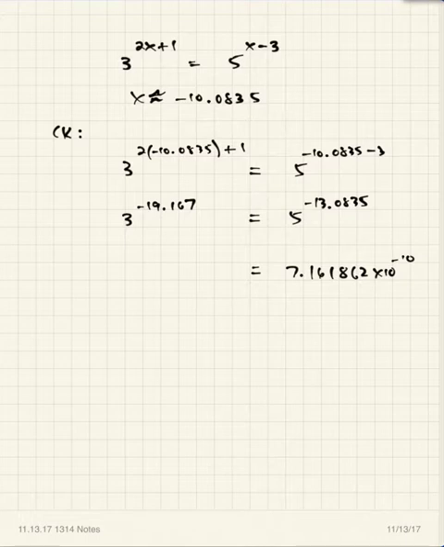And I get, on this side, 7.1617296 times 10 to the negative 10th power. So certainly I get pretty close. These are approximate, not exactly the same value, but that definitely tells me that I've got the right solution here. Those are close enough that that's just rounding error right there.